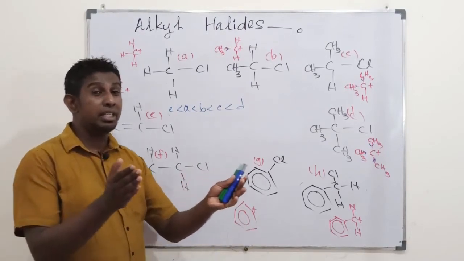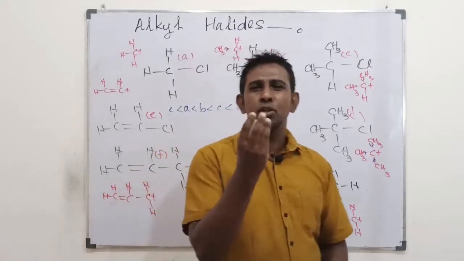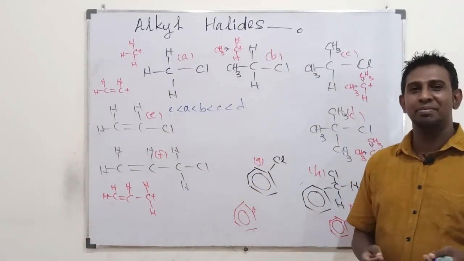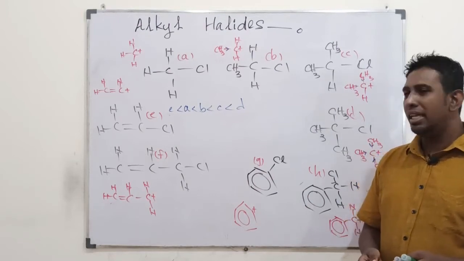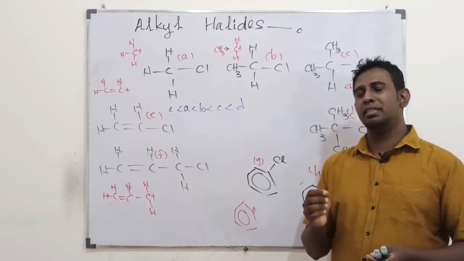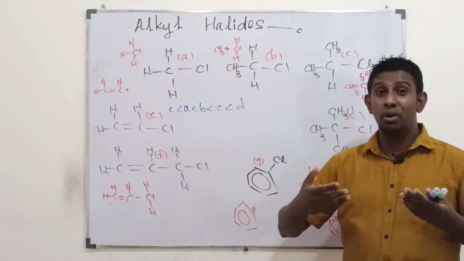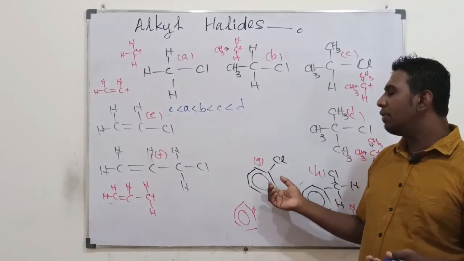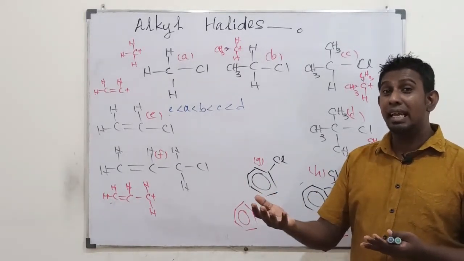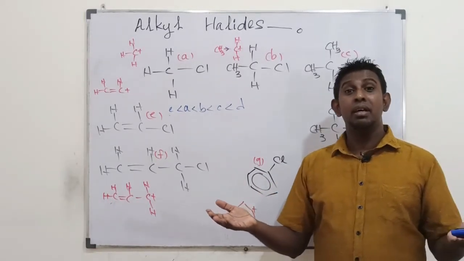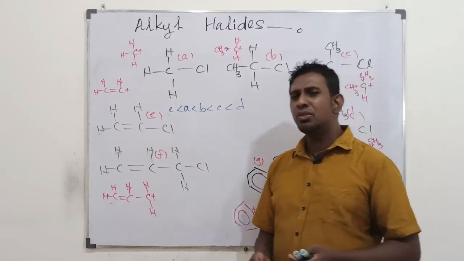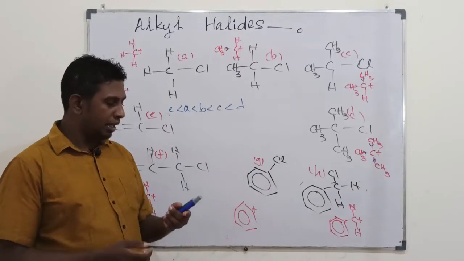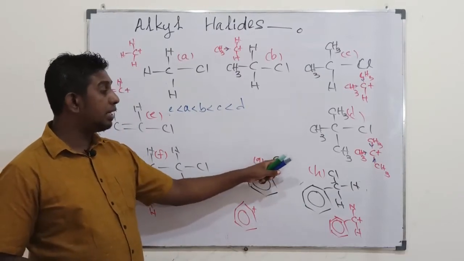As I have already told you, having a positive charge on a benzene ring is unstable, therefore it's not going to leave. So how difficult is it? We have already found out leaving of this chlorine is difficult. Is that equally difficult or further difficult than that? Now we are going to find it out. Students, when you have this chlorine there, that chlorine is having 3 lone pairs.